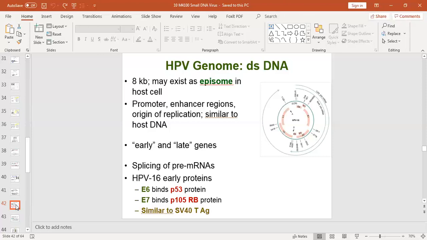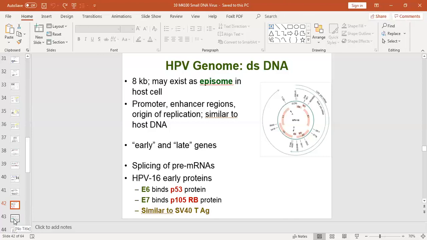And these proteins are very similar to SV40 large T antigen. When you think about it, if P53 and RB are inactivated, as with something like SV40 large T antigen, it predisposes the cell to transformation or becoming cancerous.